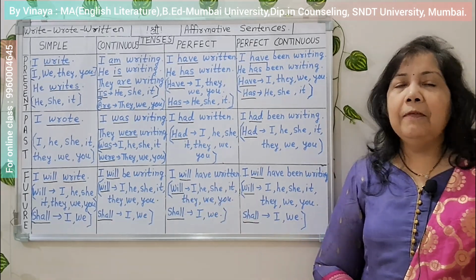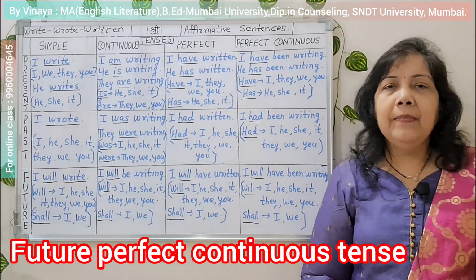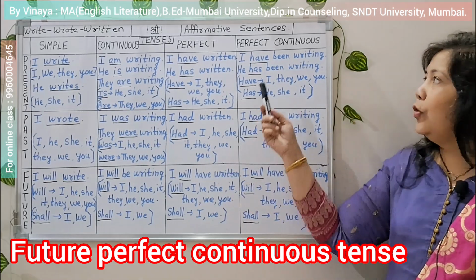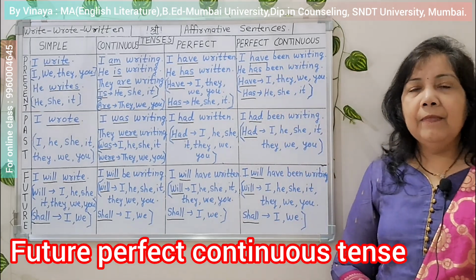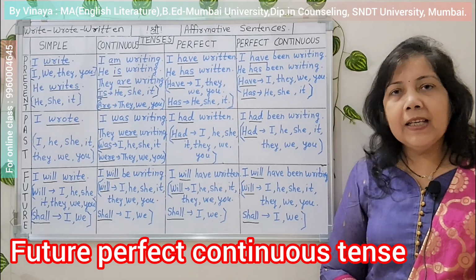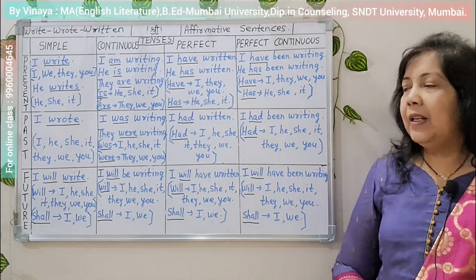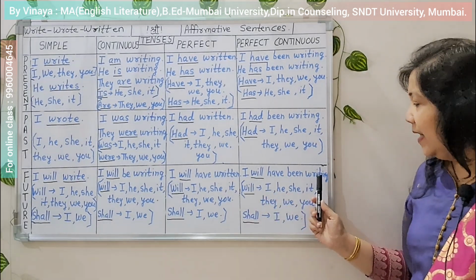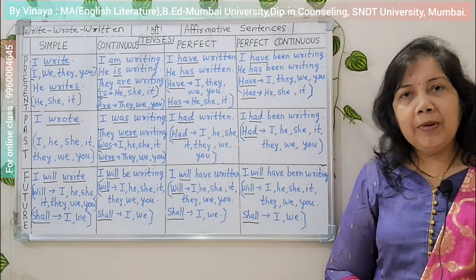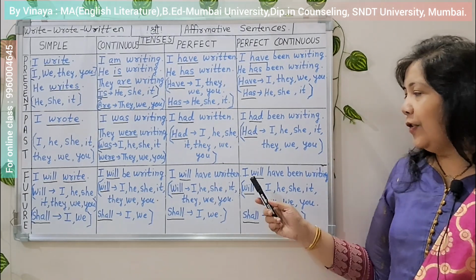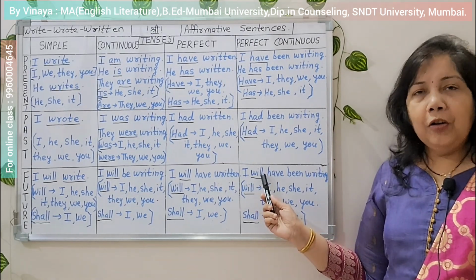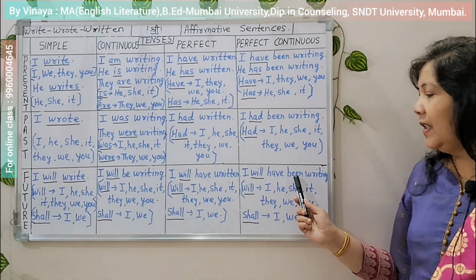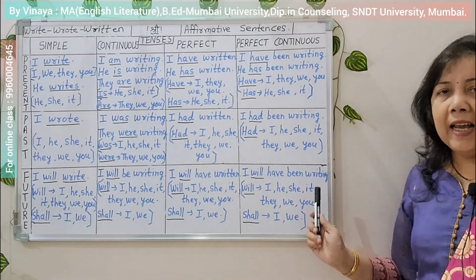And now the fourth kind of future tense, and the name of that tense is future perfect continuous tense. Let us see the example. I will have been writing. Construction, subject plus shall or will plus have plus been plus verb plus ing.